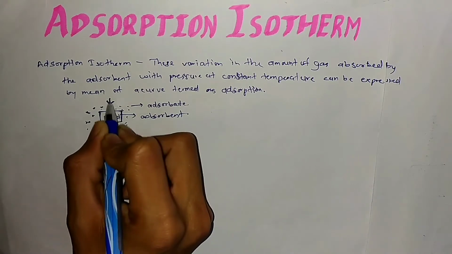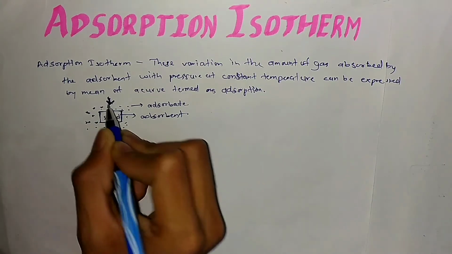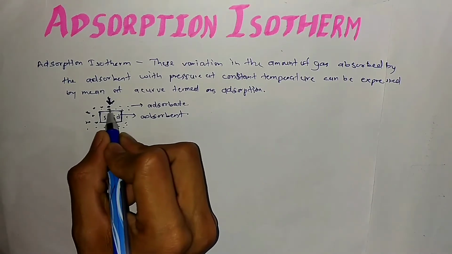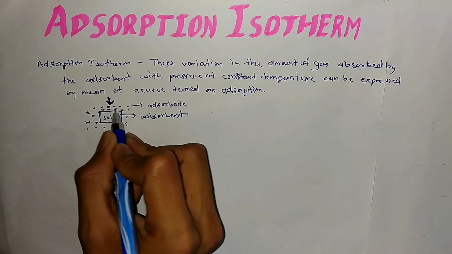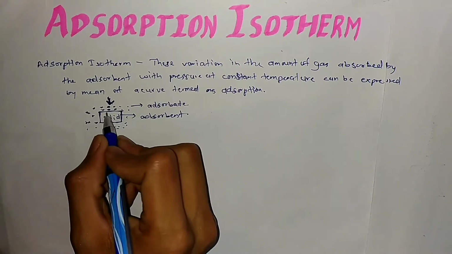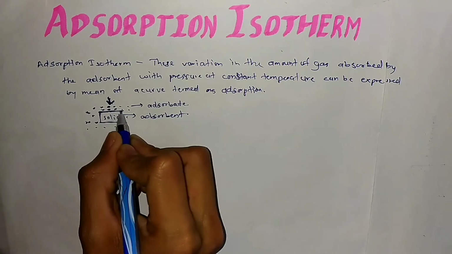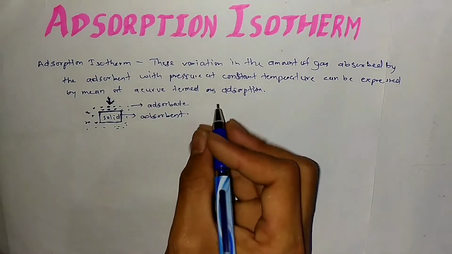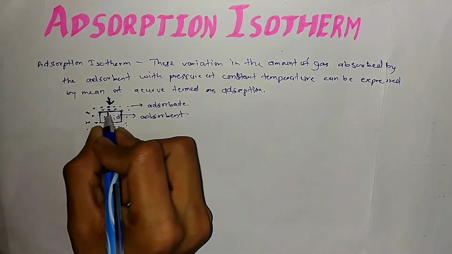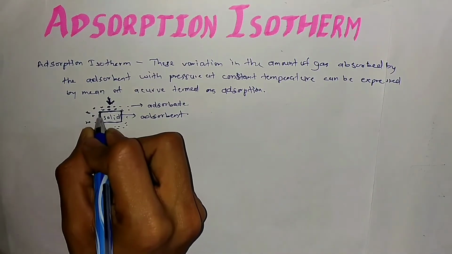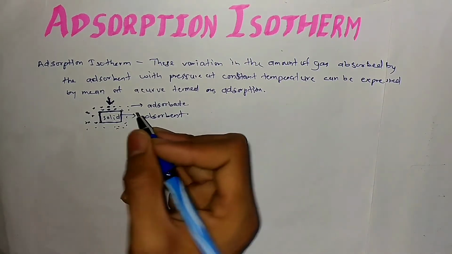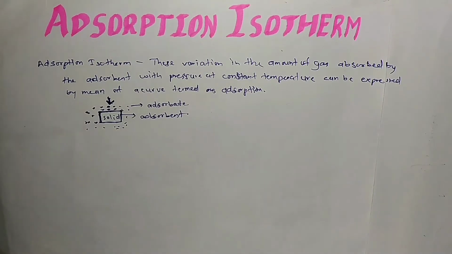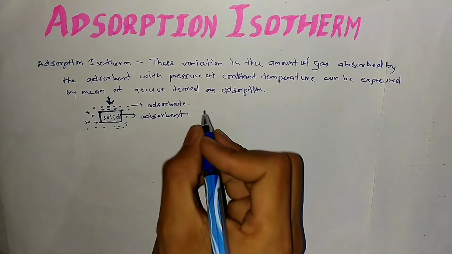If we put pressure in this direction, this gas molecule will adsorb on the surface of the solid, and adsorption occurs here at constant temperature. There is no change of temperature here.